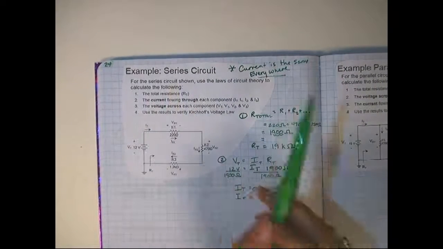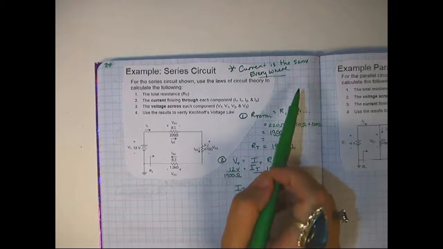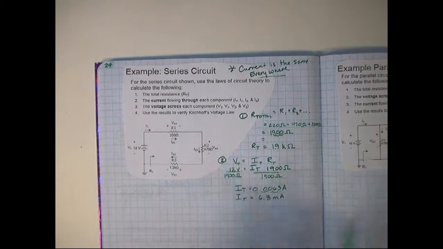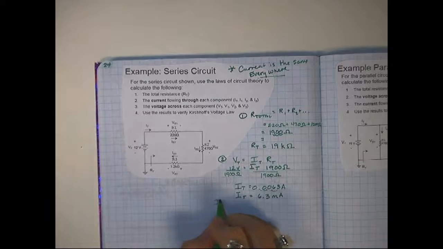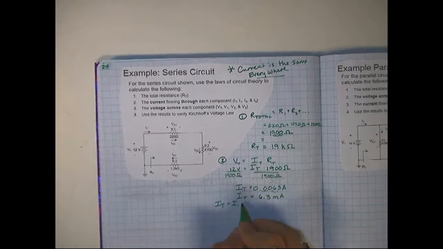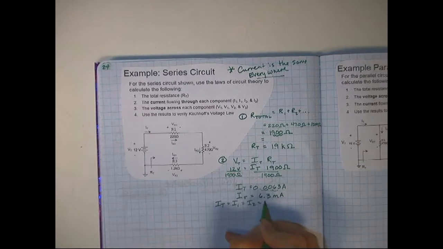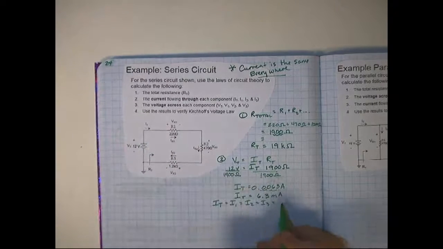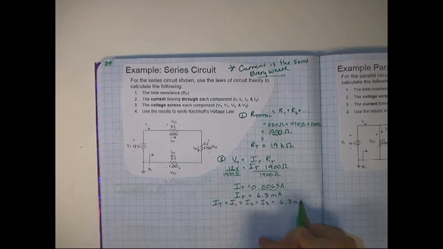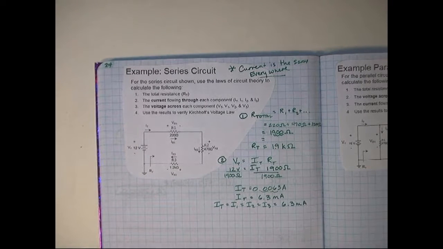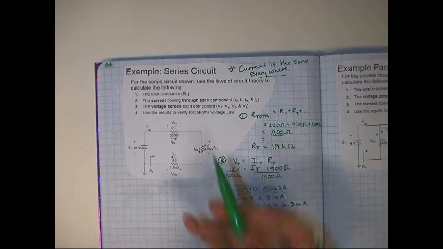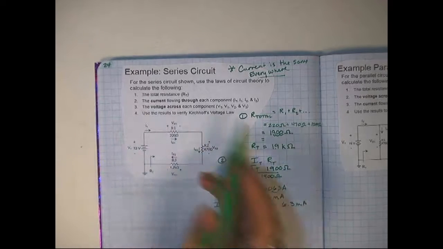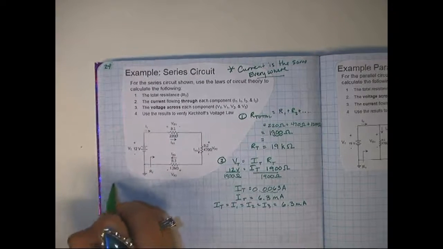In series, the current is the one that's the same everywhere in the circuit. So what that means is IT equals I1 equals I2 equals I3. Everywhere I measure it along here, the current is always 6.3 milliamps. They're all the same.